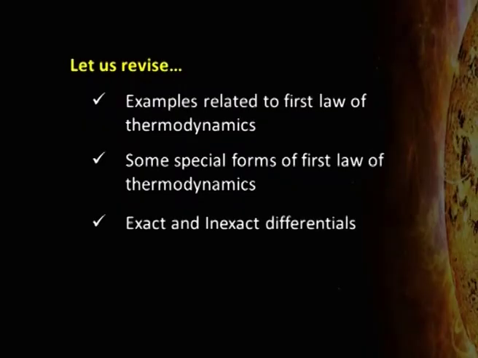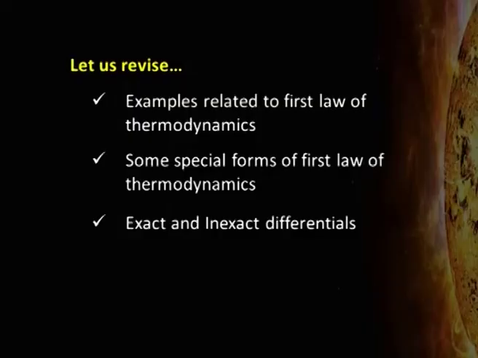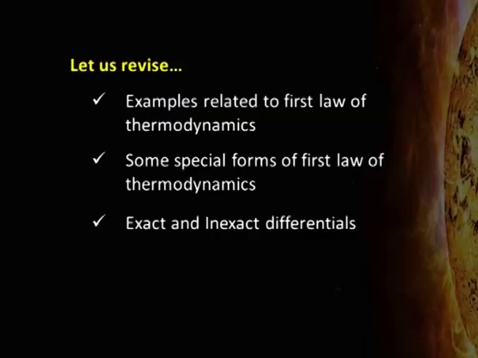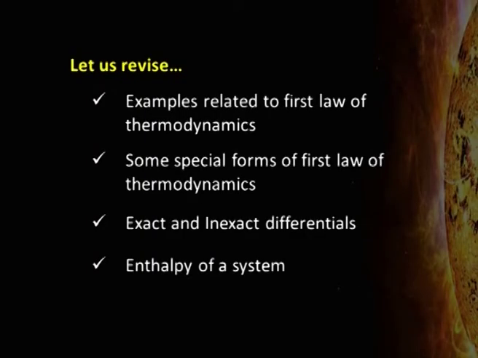Internal energy and enthalpy are exact differentials and heat and work are inexact differentials. Exact differentials can be integrated between the proper limits, but inexact differentials cannot be integrated between the limits. The heat content of a system at constant pressure is called enthalpy. Therefore, delta H is equal to QP.